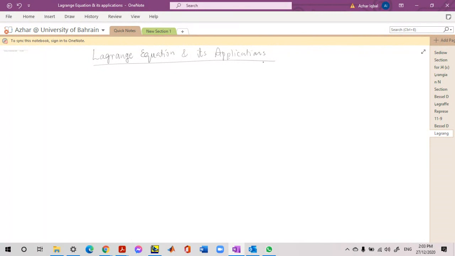The Lagrange equation for conservative forces and velocity independent potential, which means that the potential function is independent of the velocities.